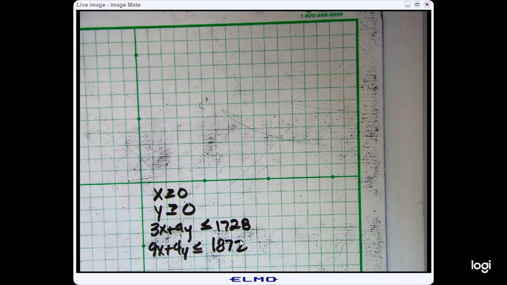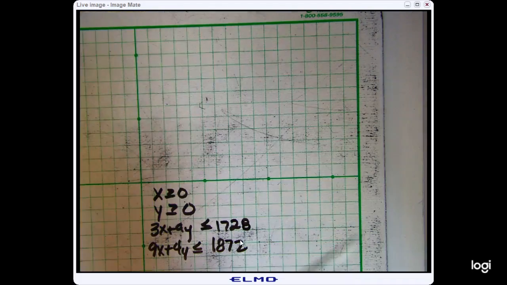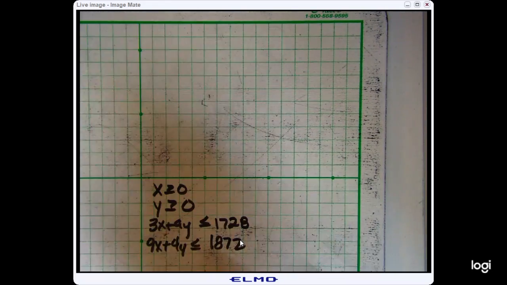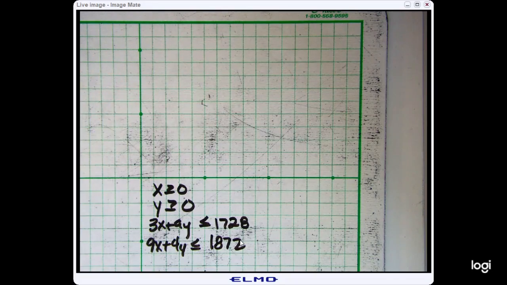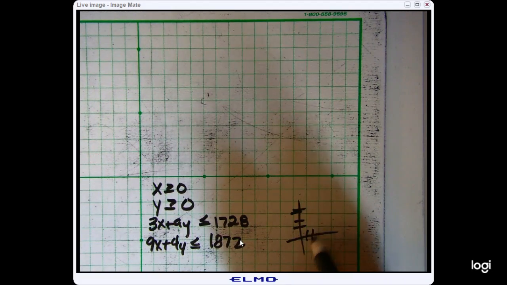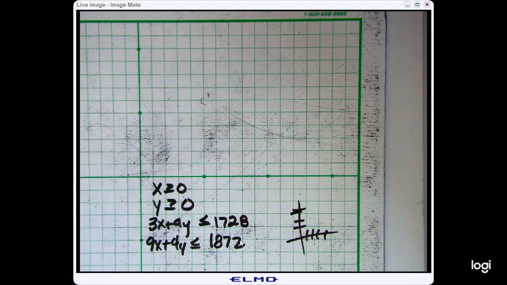Now, I'm going to be using these as a guide, but I'm still going to be sketching. So as you're doing it, it is helpful to have some kind of grid, or at least when you're sketching, make your hash marks so you've got an idea of exactly where we are graphing, okay?